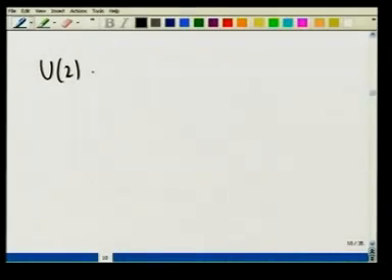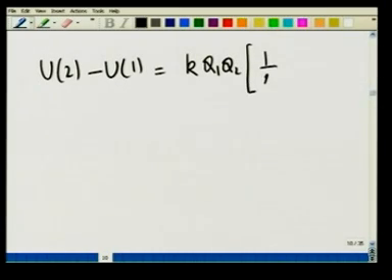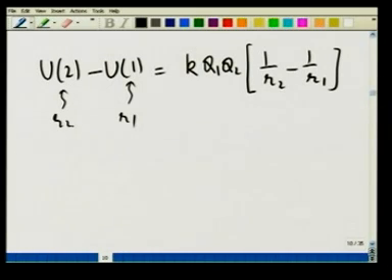So in the force field of charge Q1, when Q2 moves, U2 minus U1 is going to be equal to K Q1 Q2 (1 over r2 minus 1 over r1), where this refers to r1, this refers to r2.